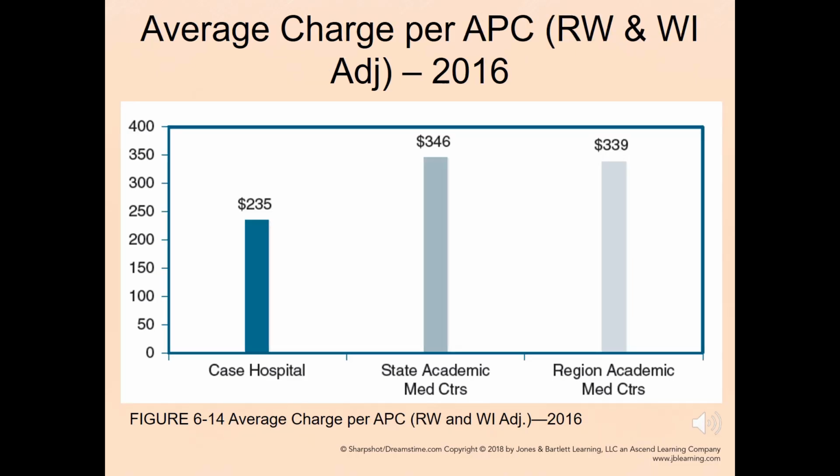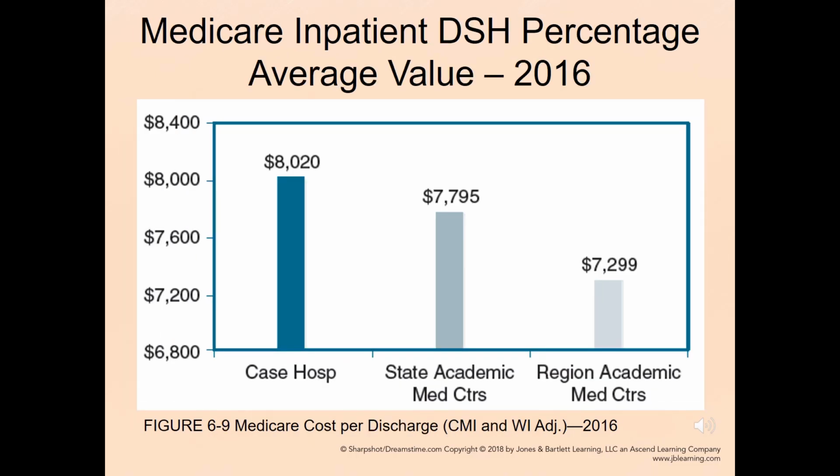The average charge per APC based on relative weight and wage index adjusted: case hospital is $235, state academic medical center at $346, and the regional academic medical center at $339. The Medicare inpatient DSH percentage average value is showing at case hospital at $8,020, the state academic medical center again at $77.95, and the regional academic medical center at $72.99.